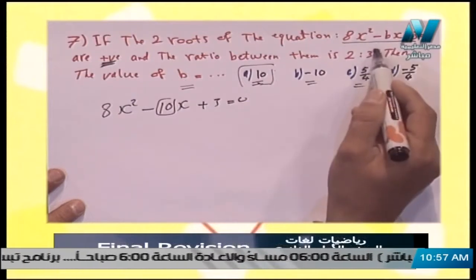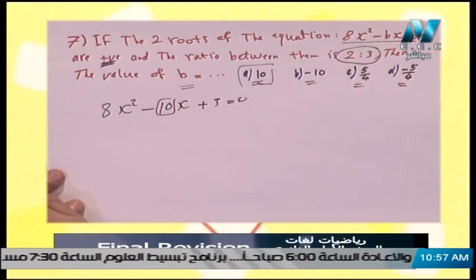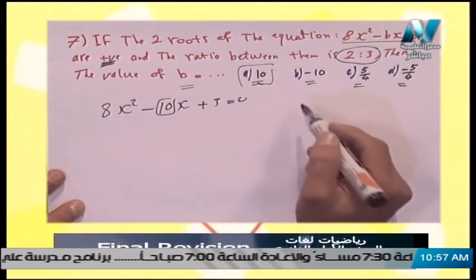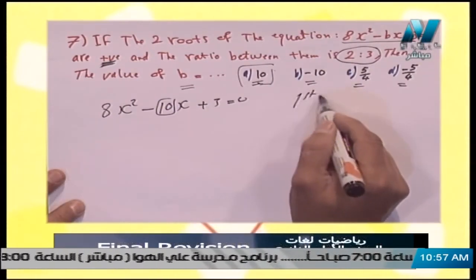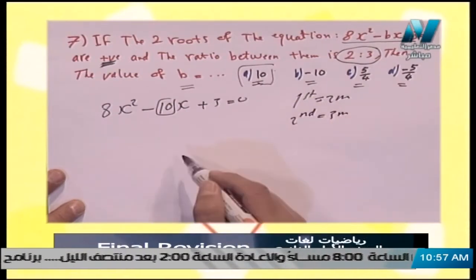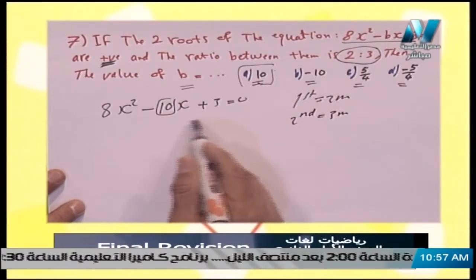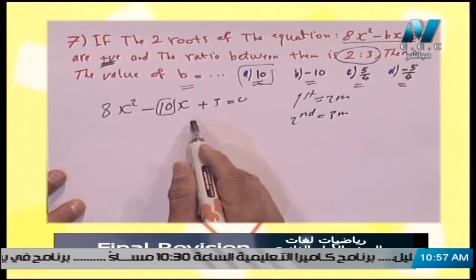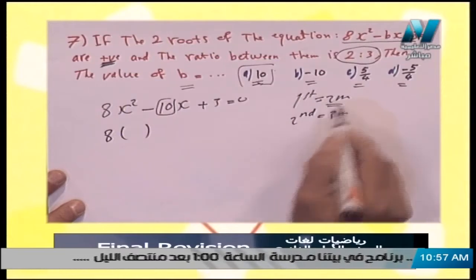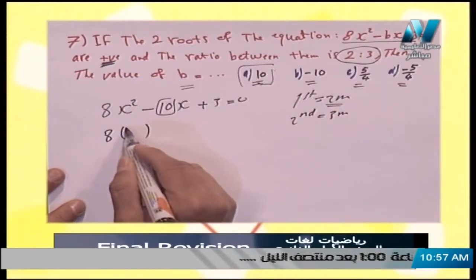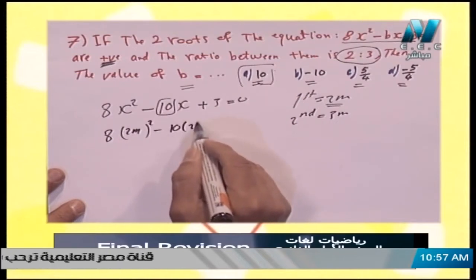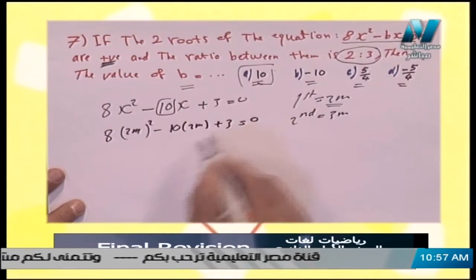And we have here the ratio between two roots, 2 to 3. If we put the first root as 2m, second root as 3m, and we try to find out is it really equals 0 or not. 8 here multiplied by 2m power 2 minus 10 multiplied by m plus 3 equals 0.